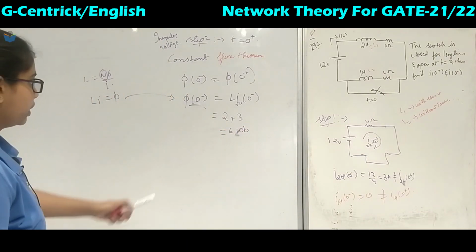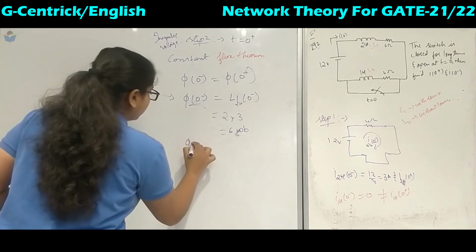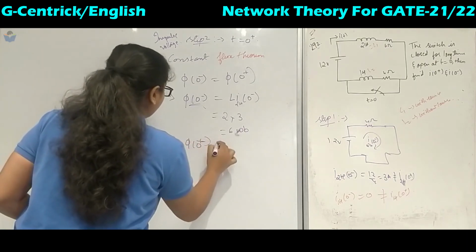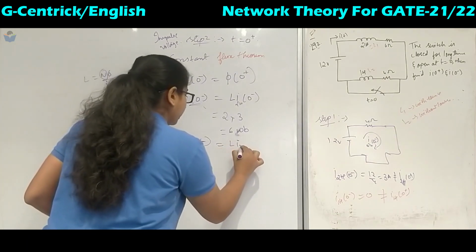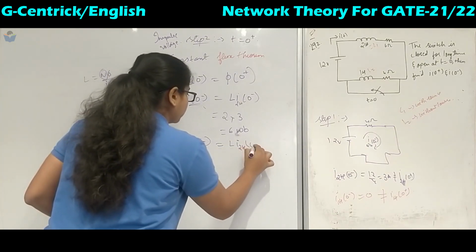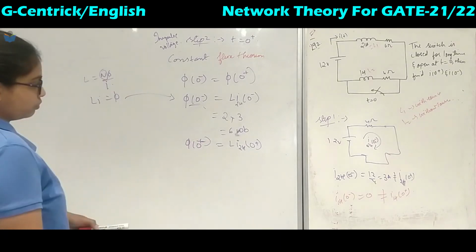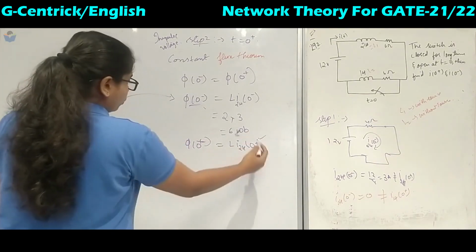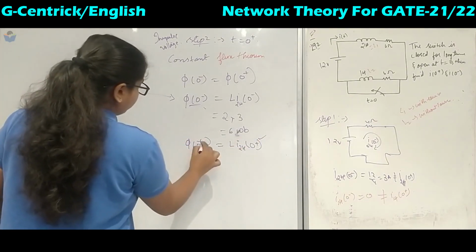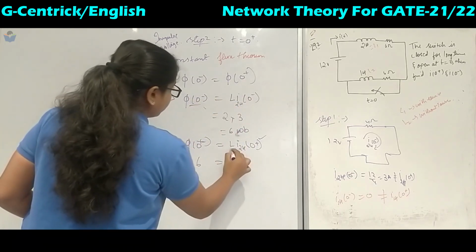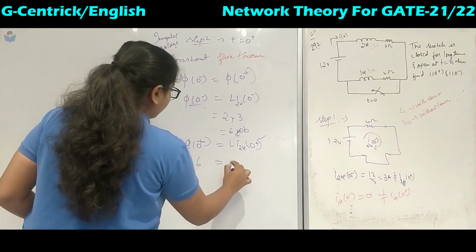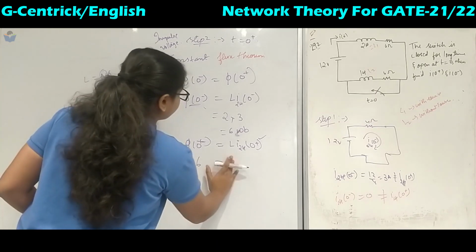So once we have got this one, this is also similar to phi of 0 plus, that is nothing but L into I of 2H at 0 plus. So we want this value. To calculate that value, we know phi of 0 plus is 6 because both are equal. So this is nothing but L is 2 Henries.